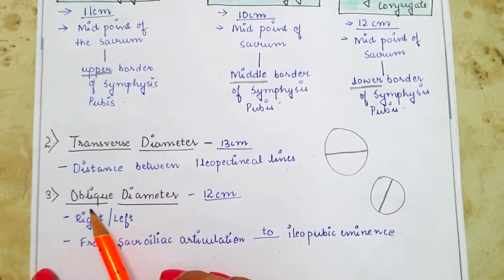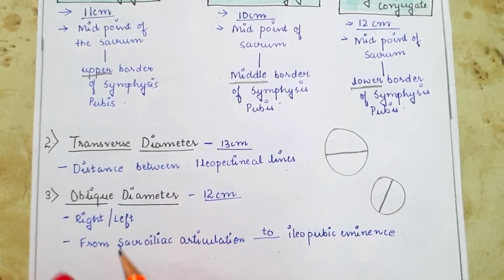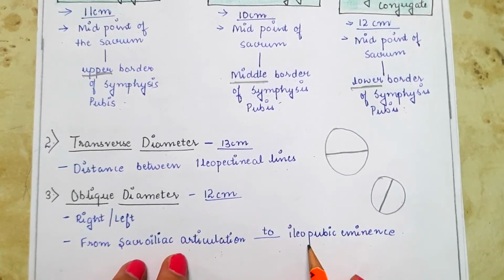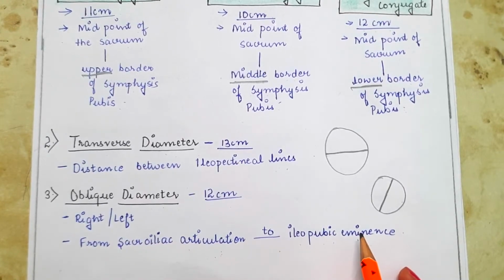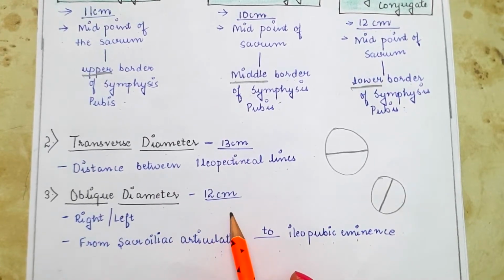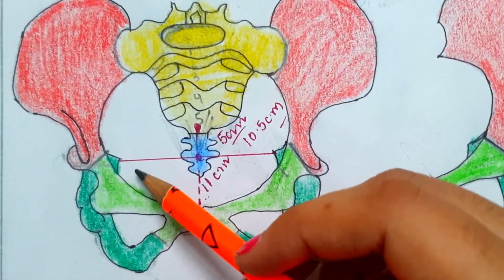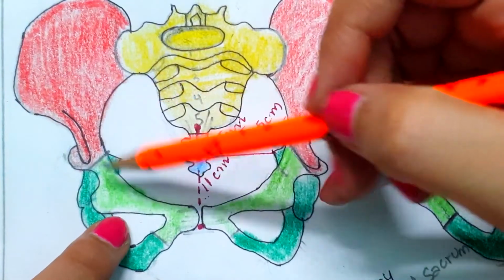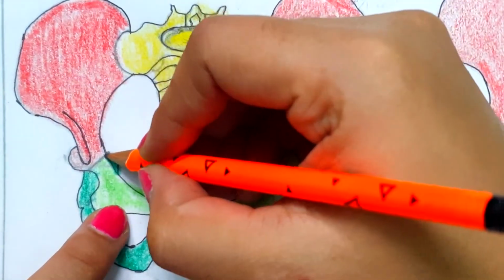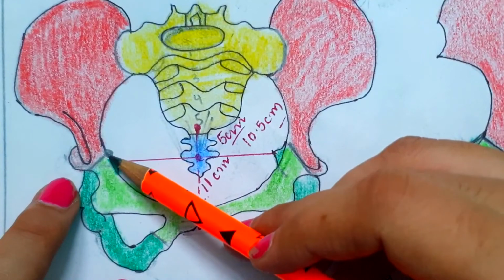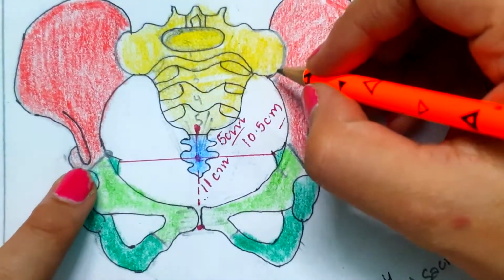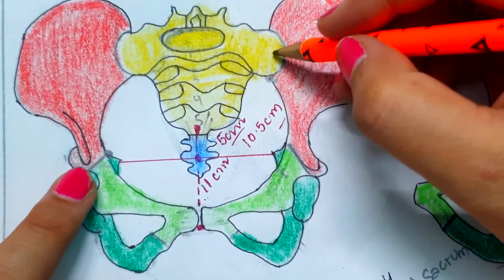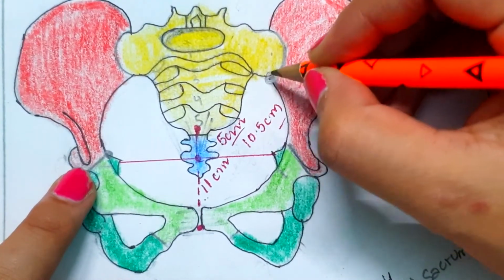Next is the oblique diameter of the pelvic inlet. It extends from the sacroiliac articulation, or the sacroiliac joint, to the iliopubic eminence, and it is 12 centimeter. Here you can see this is the point where the ilium meets the pubis, known as the iliopubic eminence, and here the ilium meets the sacrum, and this is known as the sacroiliac joint.